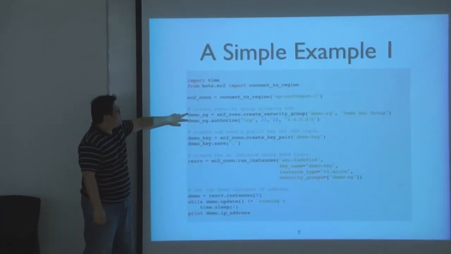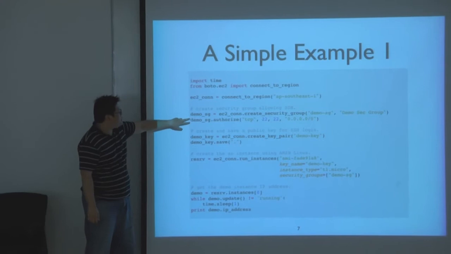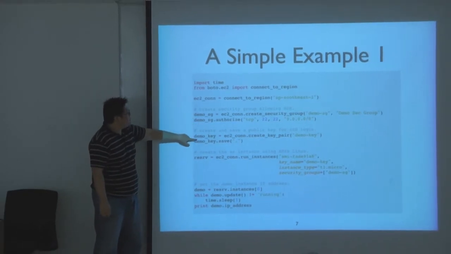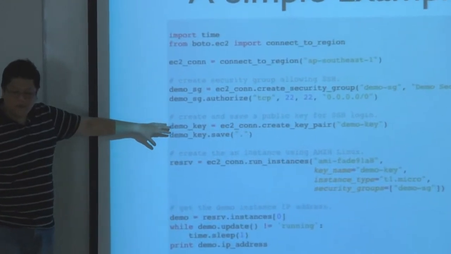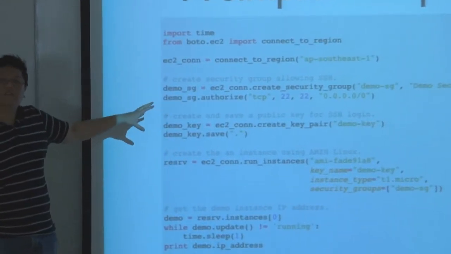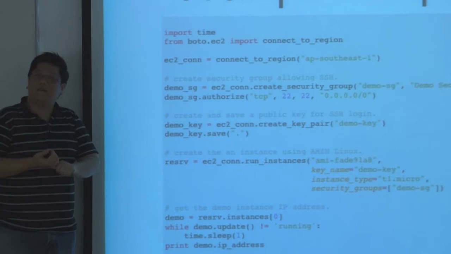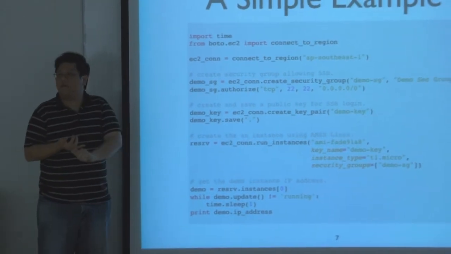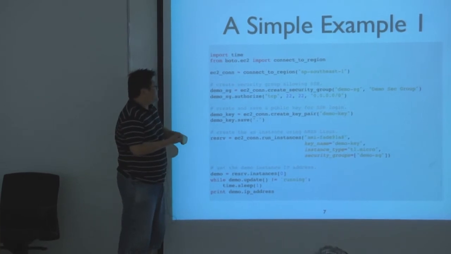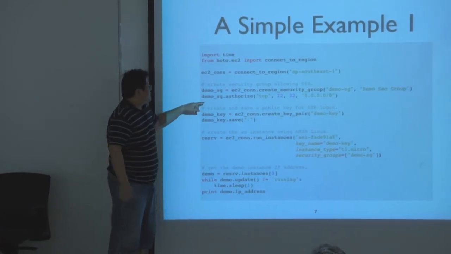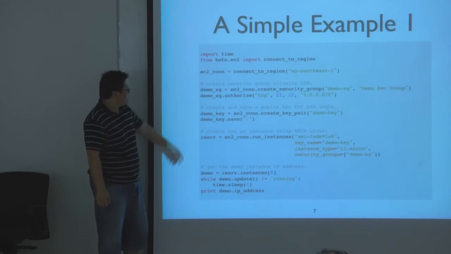I'm going to create the firewall rules, SSH. Next, I'm going to create a key pair. You can either SSH via a key or via a password. By default, password is disabled, and we're using a key to log in.